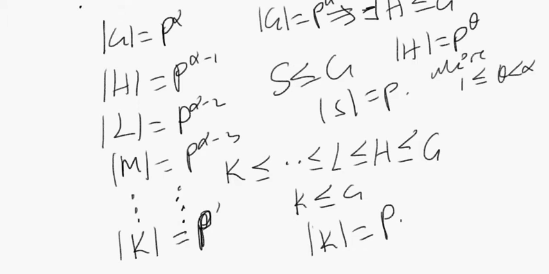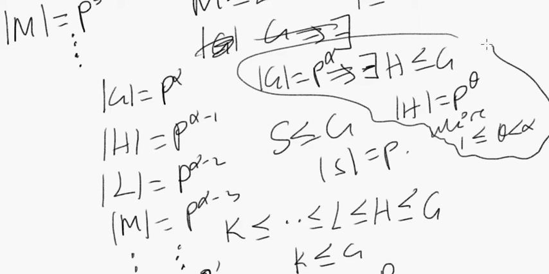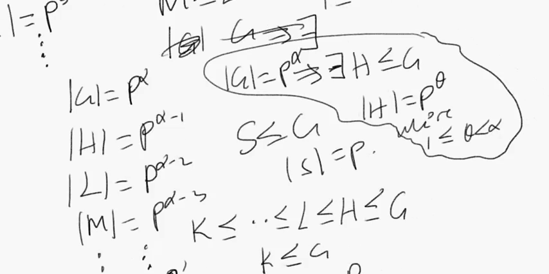So if you buy this idea that showing that the order of G is p to the alpha implies that there is some subgroup of order p to the theta, where theta is less than alpha, is going to guarantee us that there is a subgroup of order p, what's the next question? What question does this raise?